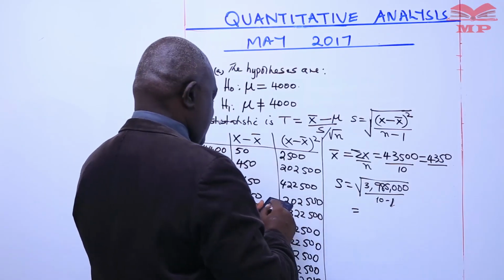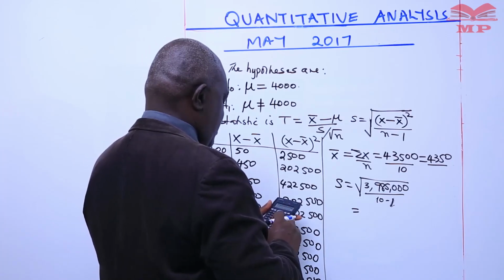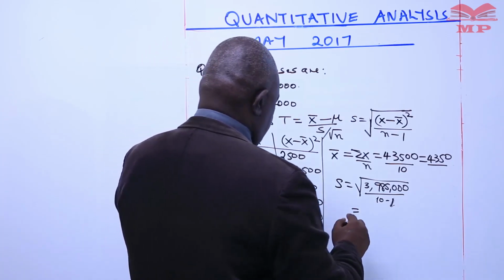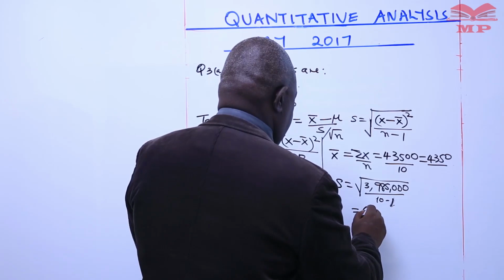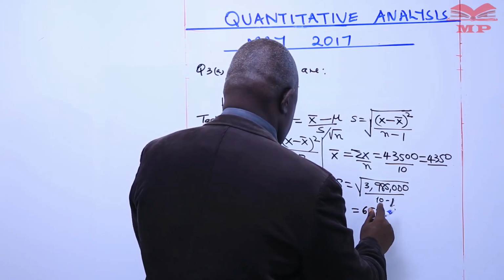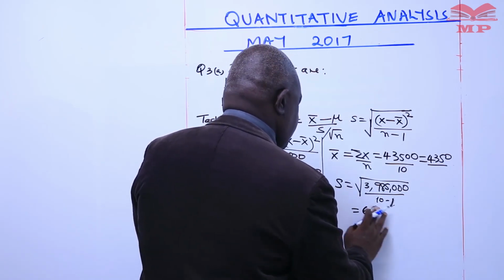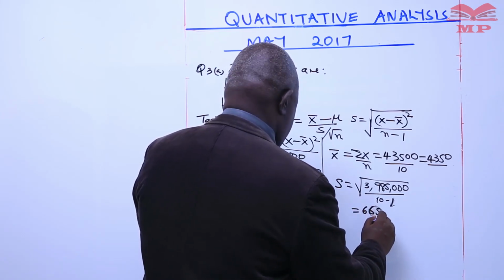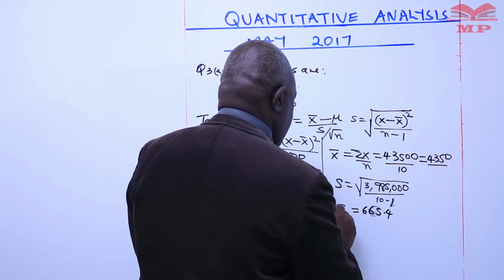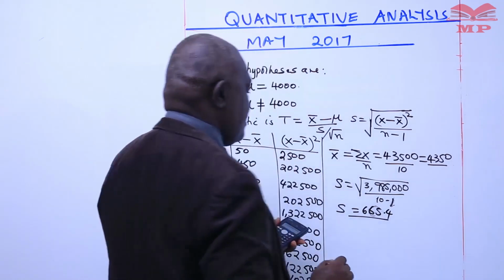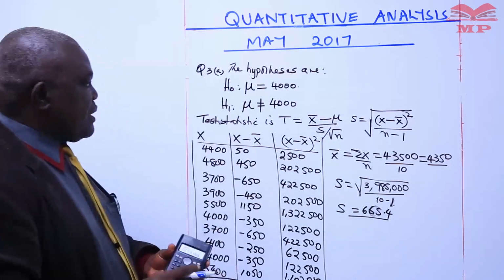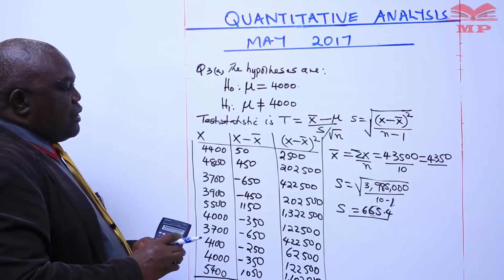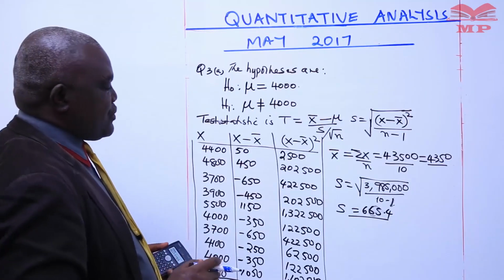That gives 442,778, then the square root, which is 665.4. So S is 665.4. And therefore, I have to get the test statistic.